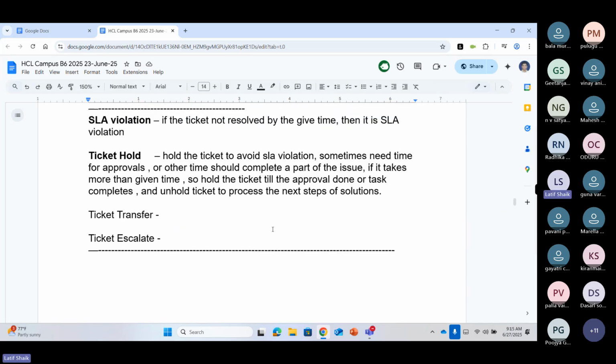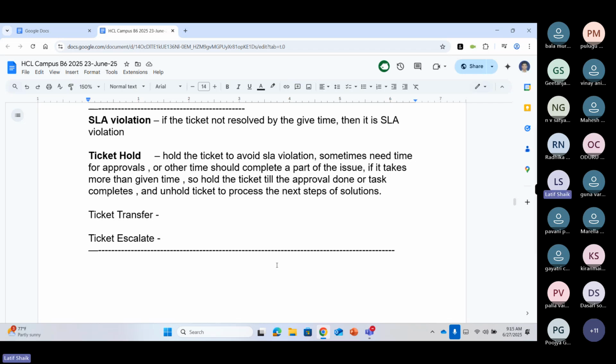We discussed about SLA violations. Okay, what is SLA violation? By the given time, you have not resolved that issue or not fulfilled the customer requirements by the given resolution time. So then it becomes an SLA violation.